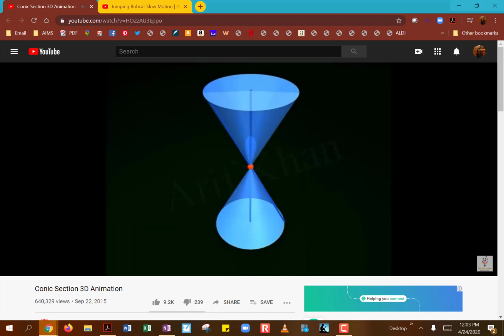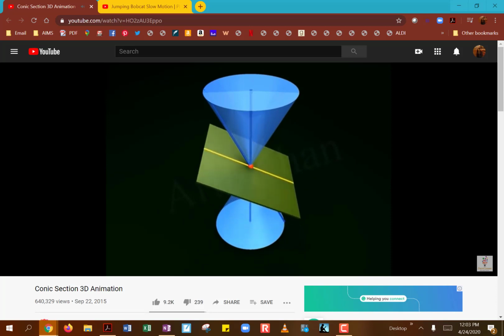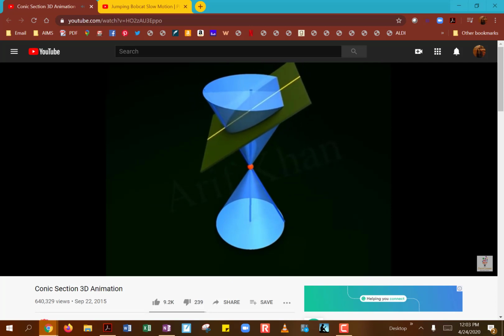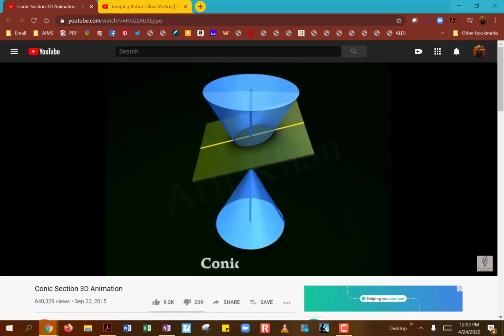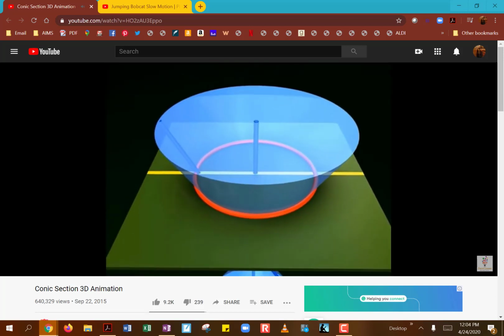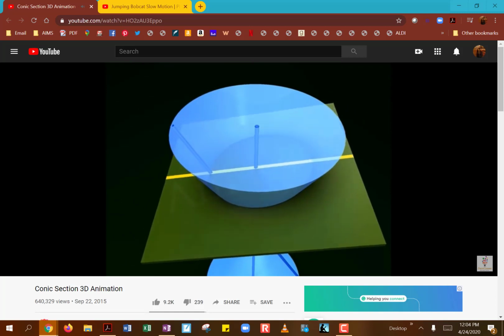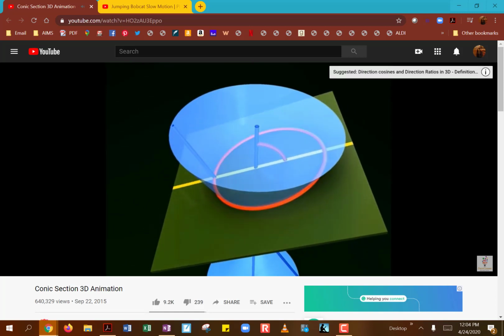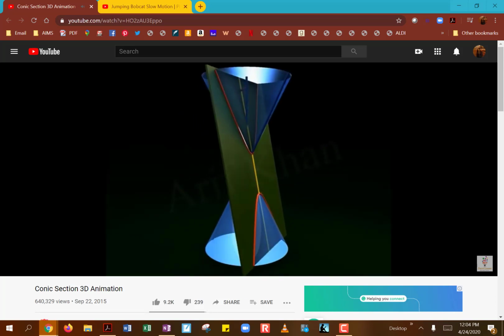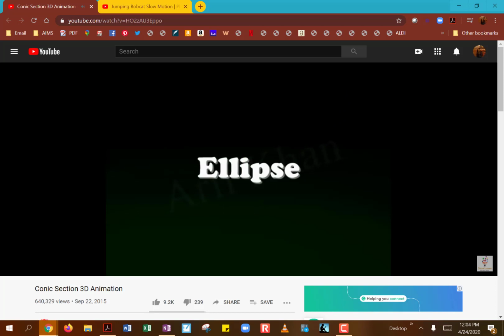Conic sections. If a plane intersects a double right circular cone, we get two-dimensional curves of different types. These curves are called conic sections. Depending on the angle made by the plane with the vertical axis of the cone, the plane can cut the cone in three different ways. Ellipse.